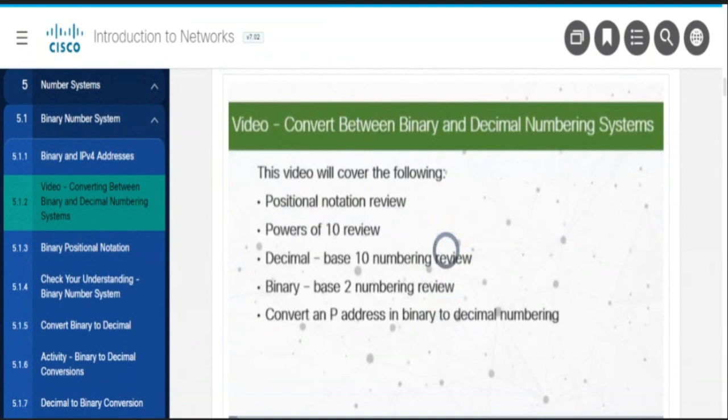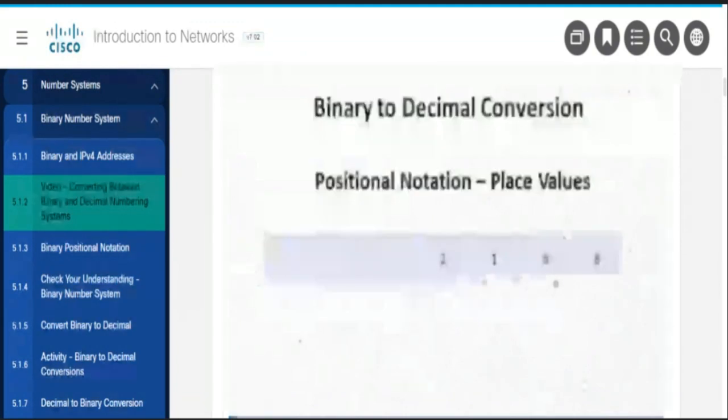In this video, I'm going to discuss binary to decimal conversion. But before I do this, I want to take a look at positional notation or place values. I have the number 2,168 here.